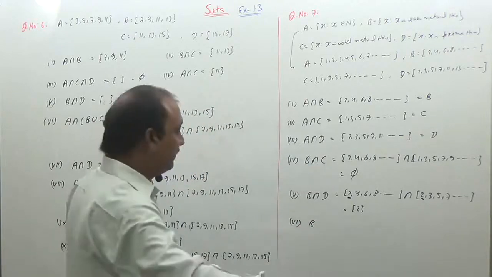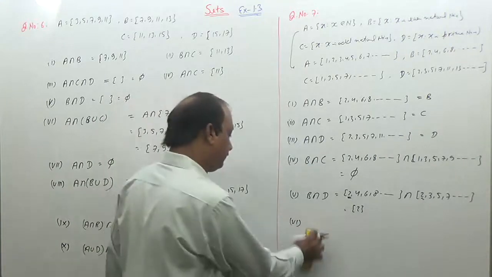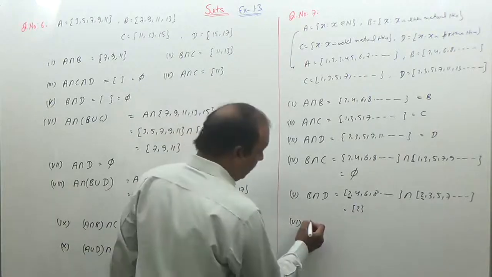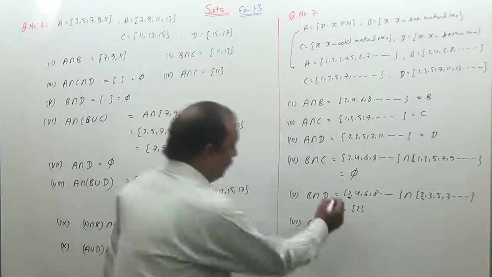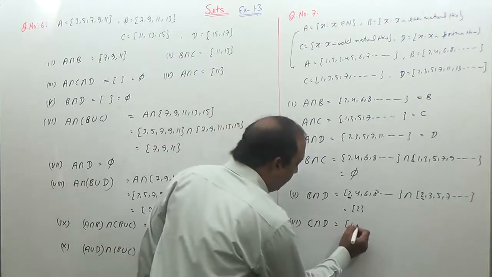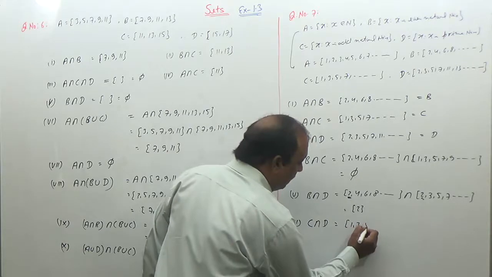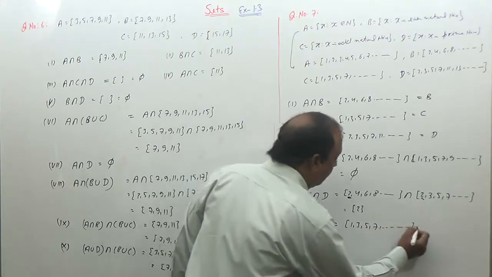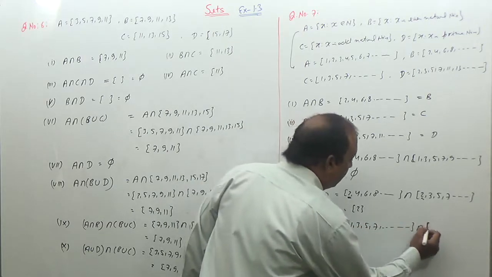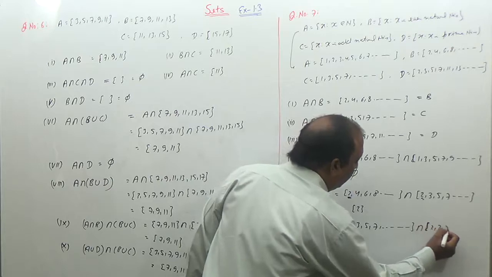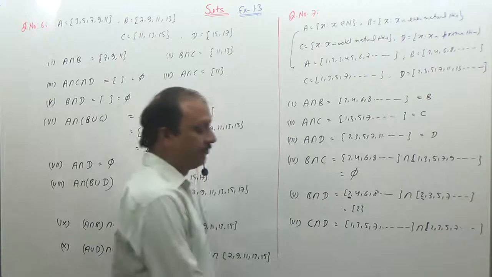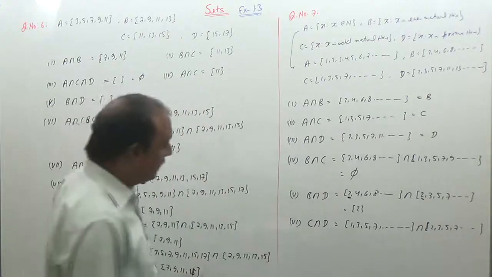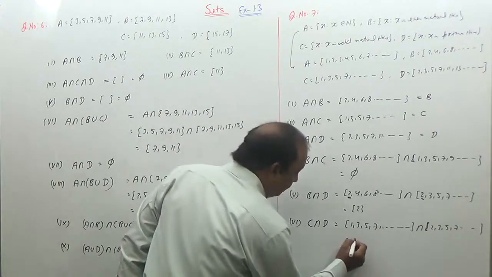C intersection D. We know that C is the set of odd natural numbers 1, 3, 5, 7 and so on, and D is the set of prime numbers 2, 3, 5, 7 and so on. So what are the common elements between them?